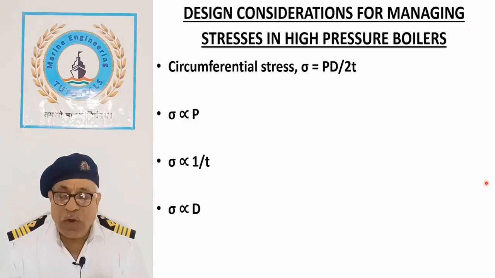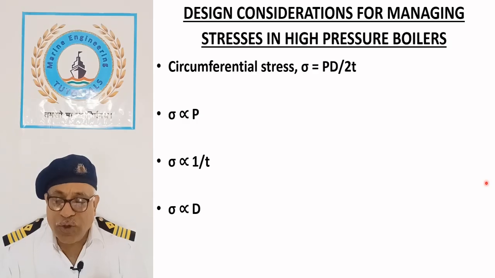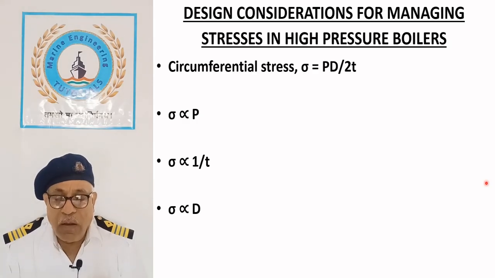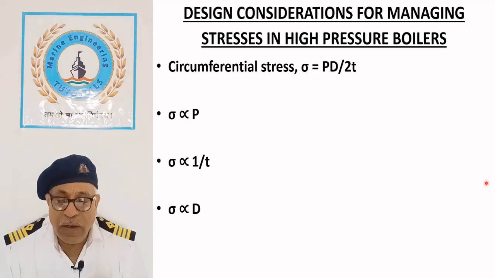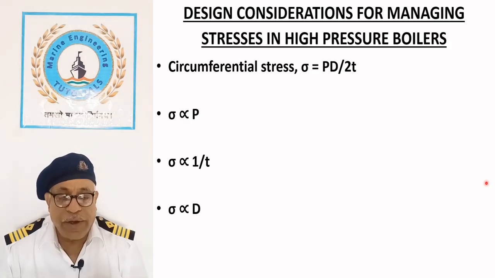Conversely, the furnace of smoke tube and low pressure water tube boilers should be made compact to minimize stresses. When a high rate of evaporation is required, multiple small furnaces may be provided instead of a single large one to limit the diameter and maintain mechanical integrity.